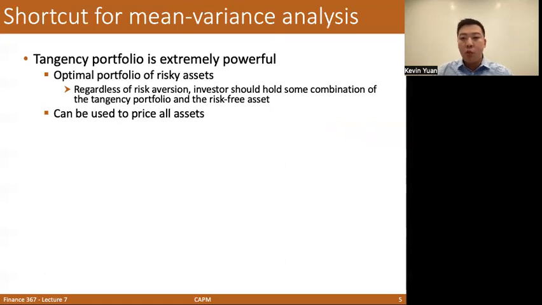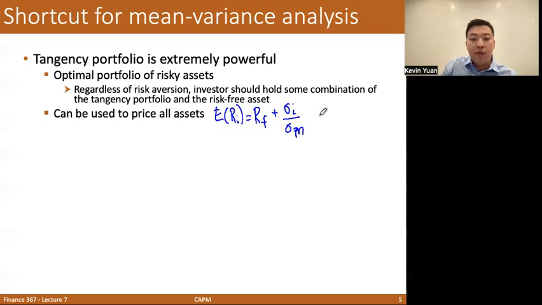Okay, so we already talked about that the expected return of an efficient portfolio, again, on that line, is equal to the risk-free rate, right? So just rewriting the equation, it is equal to the risk-free rate plus the ratio of the standard deviation of asset I relative to the standard deviation of the market portfolio, we'll just put an M going forward, times the market risk premium, right?